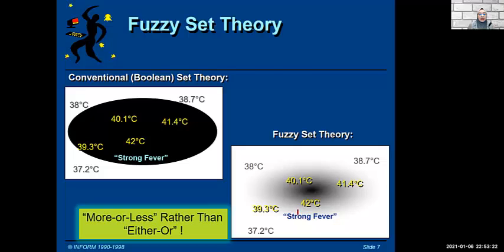So let's say those who have 42 degrees Celsius, do they have a very strong fever, compared to those who are, let's say, 39.3 degrees Celsius? A person who has a temperature of 39.3 degrees Celsius also has fever, but just a smaller, what we call lower fever. So we can say more or less rather than either or.